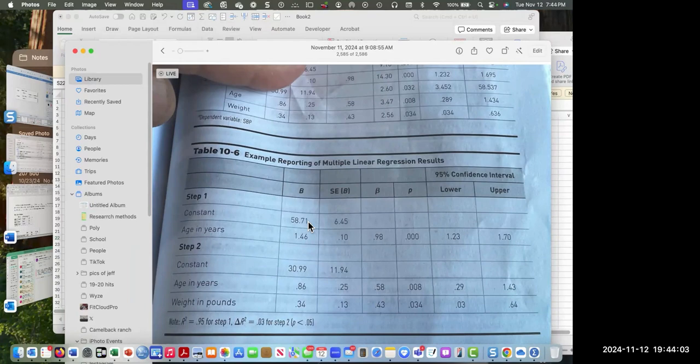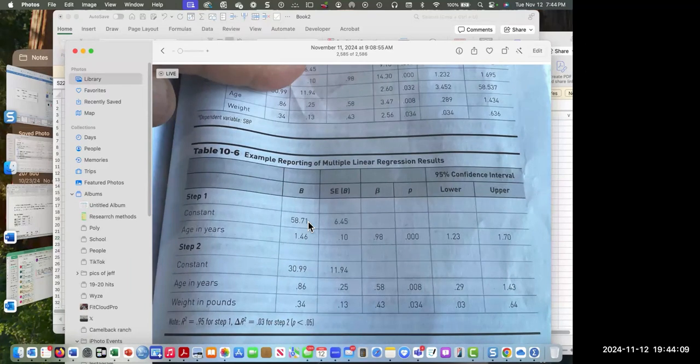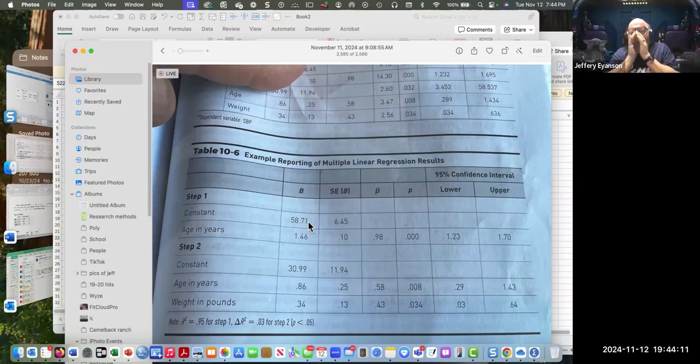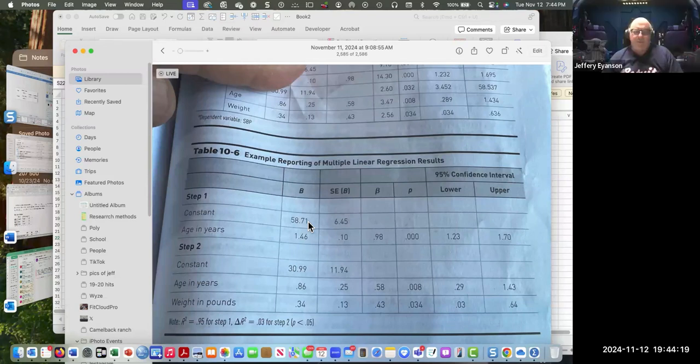But when you run it, what are you running? If you follow the instructions in the book, it doesn't give you that. I know, that's why I just used the data you gave us. That's why I was wondering where the step one numbers came from, because just do step 2.